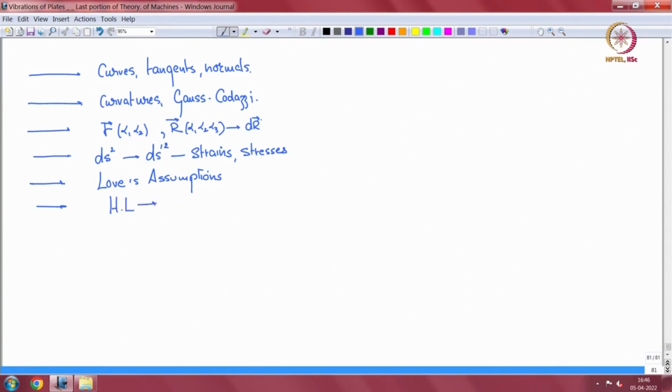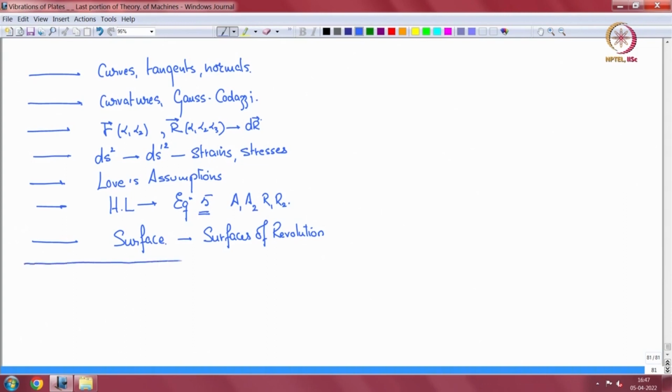And we arrived at the 5 general equations, in which if you substitute A1, A2, R1, R2, then you will get the exact equation for that particular surface. And when it came to curved surfaces, we said we will stick with surfaces of revolution. So that section has come to a close with this plate equation.